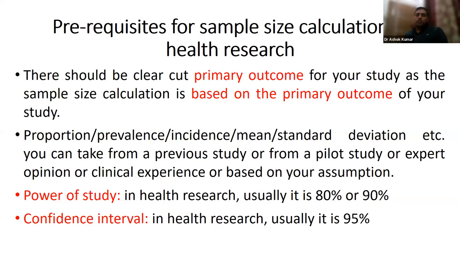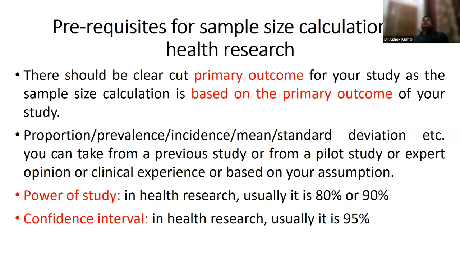Then we have to remember what qualitative, categorical, and continuous variables are. For categorical variables, we calculate sample size using proportion, prevalence, incidence, and percentage. If we have a quantitative variable, we do it for mean and standard deviation.